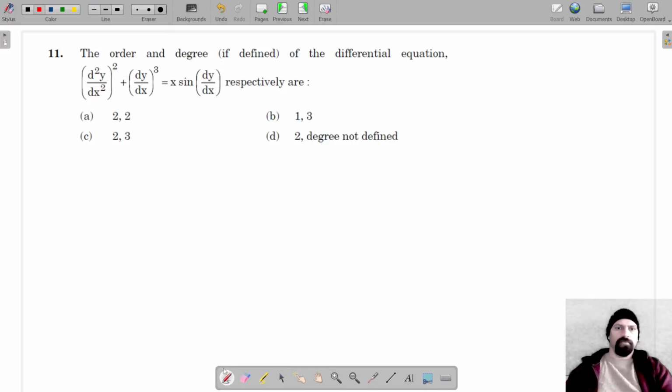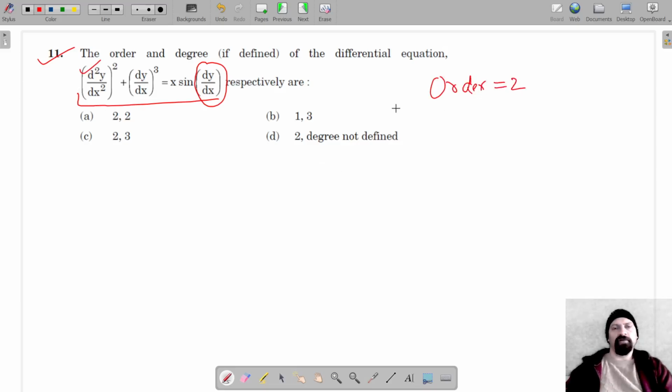Okay, for question number 11, we have to find the order and degree, if defined, of the differential equation. This is not a valid differential equation, because sine of dy by dx is not valid; the sine must take an angle here. So differentiation is not possible here. Because this is differentiated a maximum of 2 times, the order is 2, so we can write down the order.